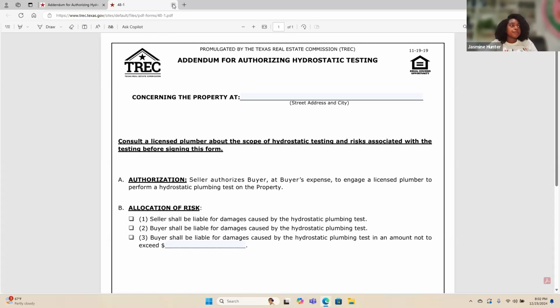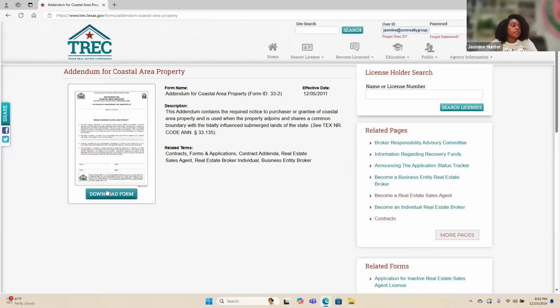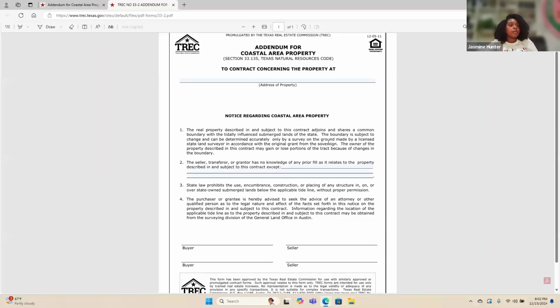Okay. All right. Next up is going to be addendum for coastal area. So this is going to be primarily for our agents that are on a coast. We don't have in the Dallas area, we don't have any coastal properties, so there's nothing that we have to worry about. But if you are one of the agents that work on any type of near of the coast, so my Houston agents, things like that, that's where this is going to come into play.